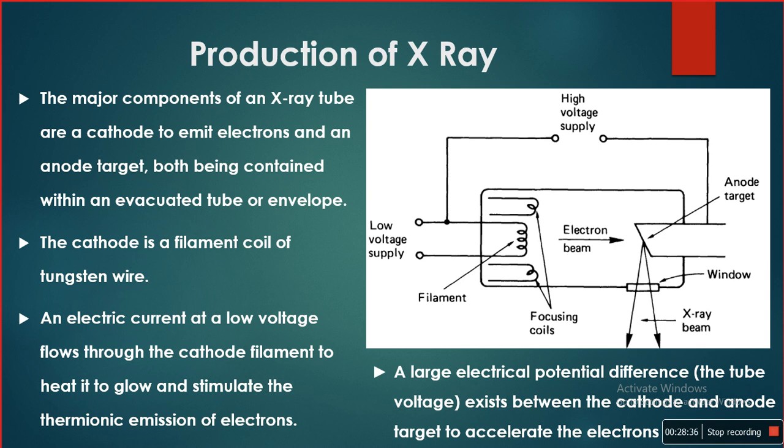If you consider its melting point, tungsten has a melting point equal to 3380 degrees Celsius. So it has a very high melting point.